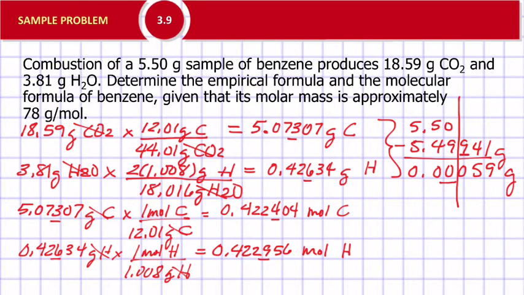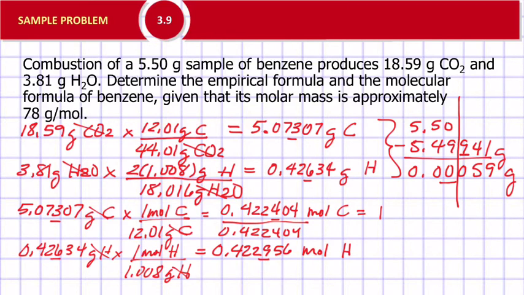Those are really close, aren't they? Better safe than sorry. Let's go ahead and do the dividing. So this one divided by itself, because that one's the smallest, that's going to be 1.